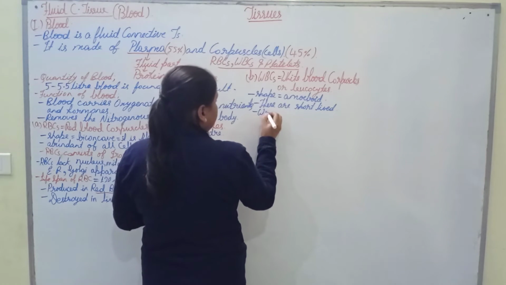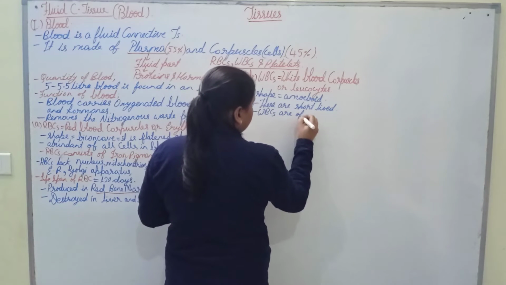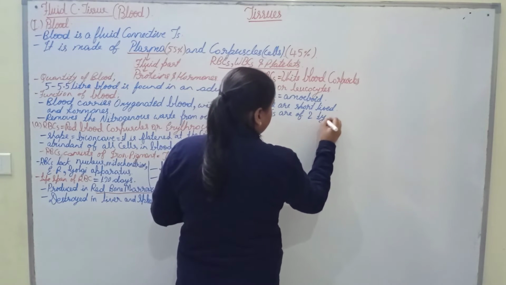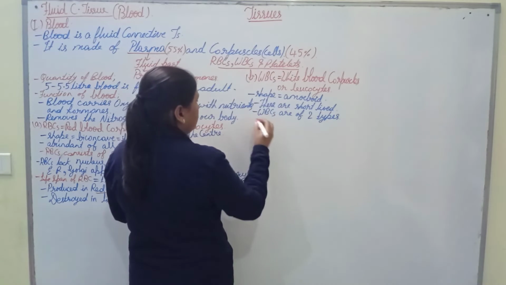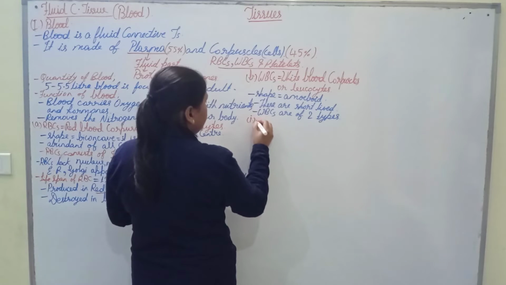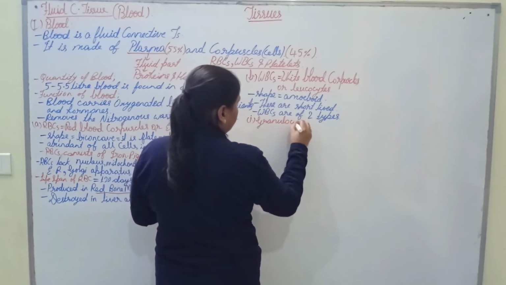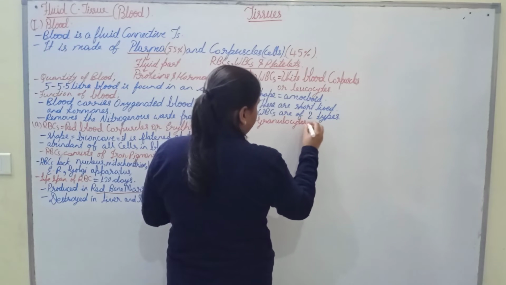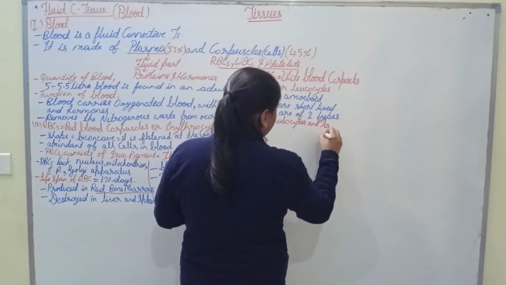And WBCs are of two types. First is granulocytes and second one is agranulocytes.